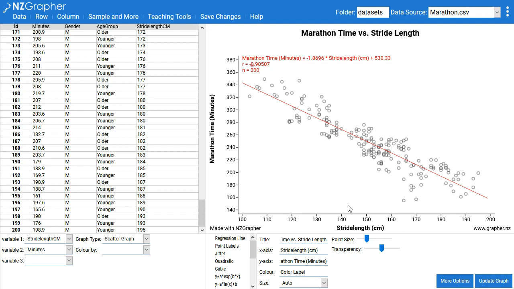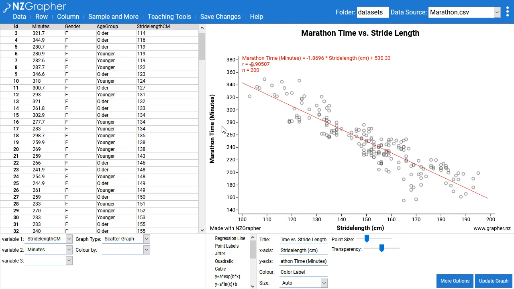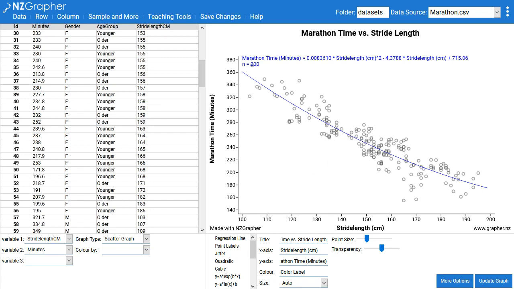So the question is again, if you gave me a particular stride length, how good is my model at predicting what the marathon time would be for a person with that stride length? I'd say the linear model is adequate, but for excellence we may want to have a look at the quadratic line of best fit, and we could come to the conclusion that it's better.